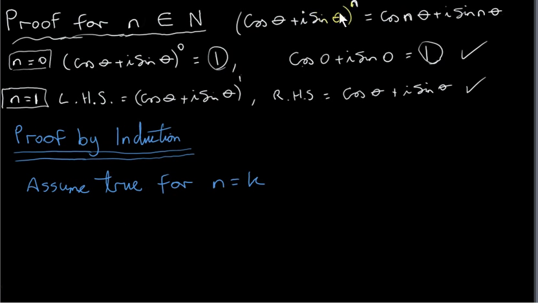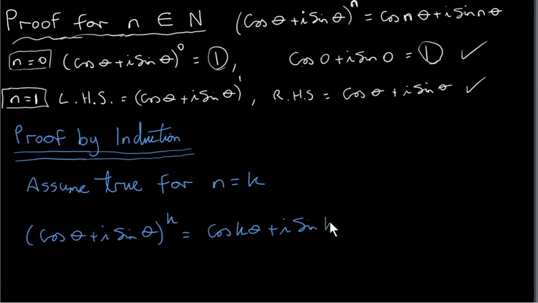In other words, if we replace n with k, we're assuming that (cos theta plus i sine theta) to the power of k is equal to cos k theta plus i sine k theta.